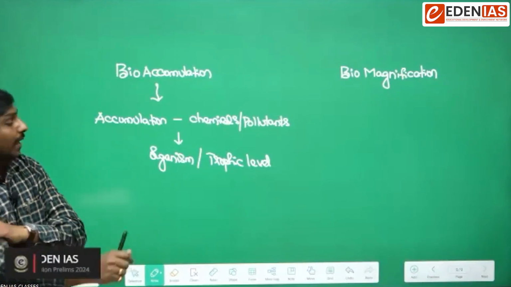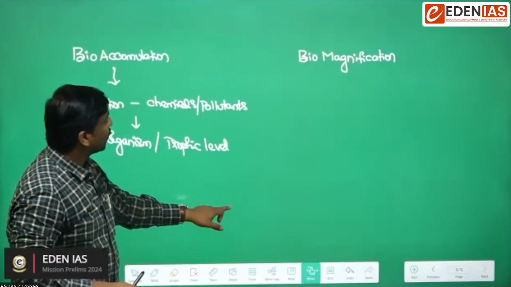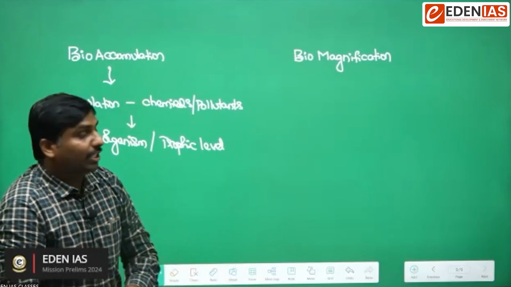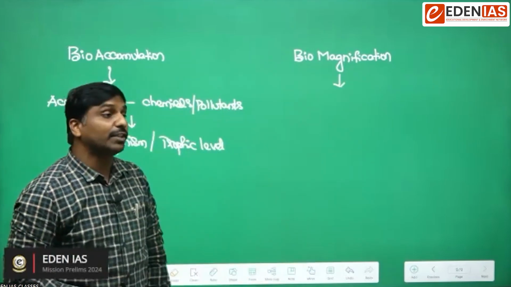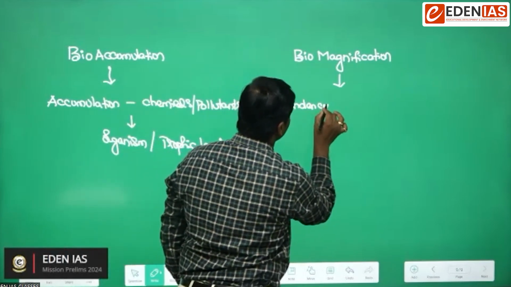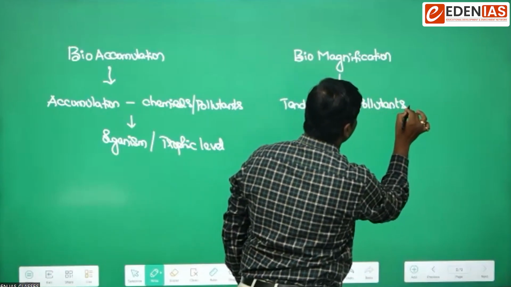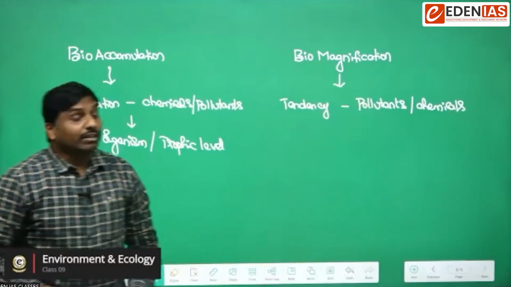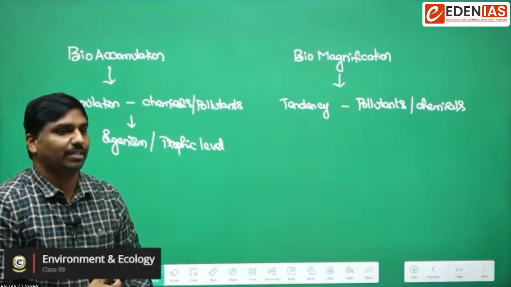In contrast to this, there is another term called biomagnification. What do you mean by biomagnification? Biomagnification is the tendency of pollutants or chemicals to increase in their concentration when they pass from one trophic level to another trophic level.